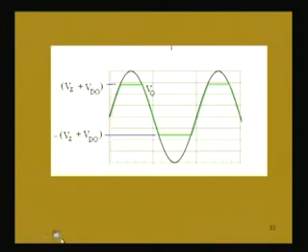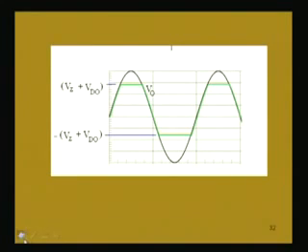So, finally, we will get the output voltage clipped at the upper and lower portion with Vz plus Vd naught. This is plus Vz plus Vd naught, this is minus Vz plus Vd naught, and this will be the output voltage versus the input voltage Vi.